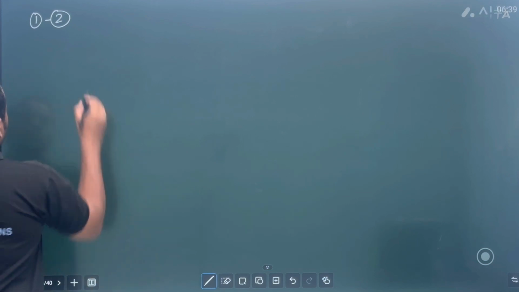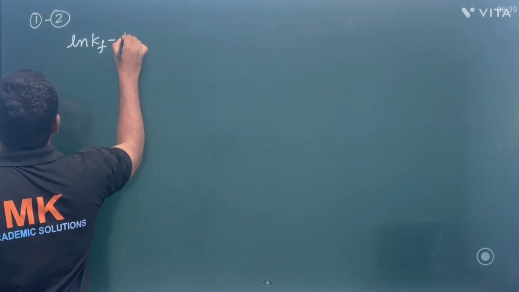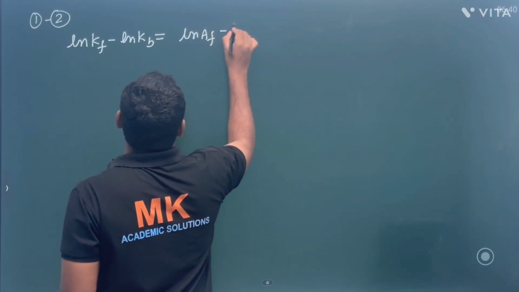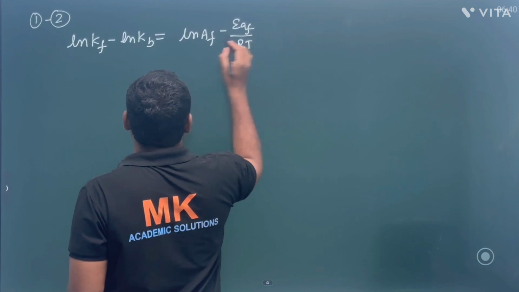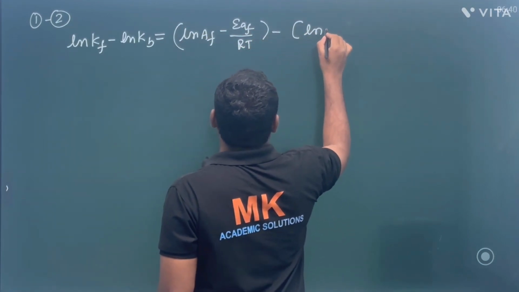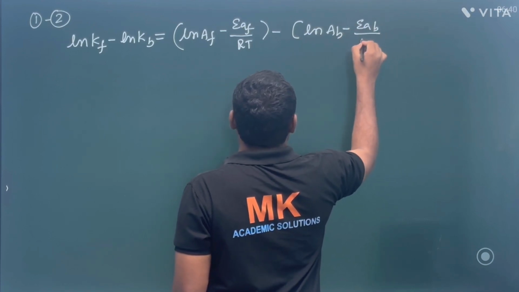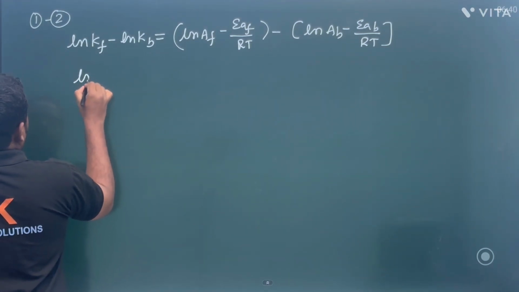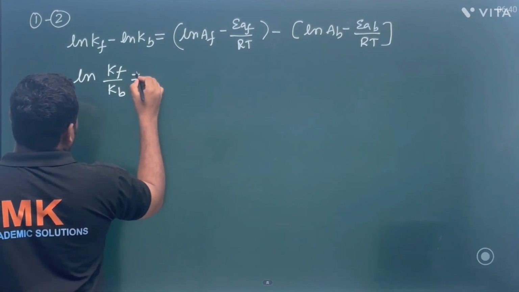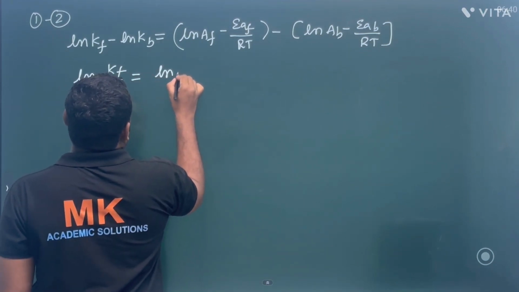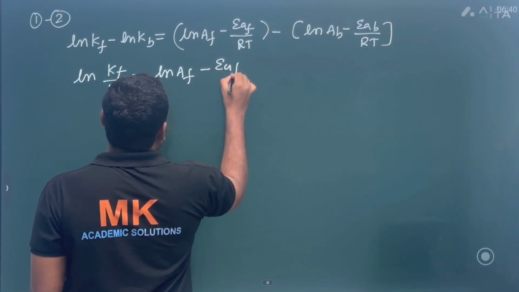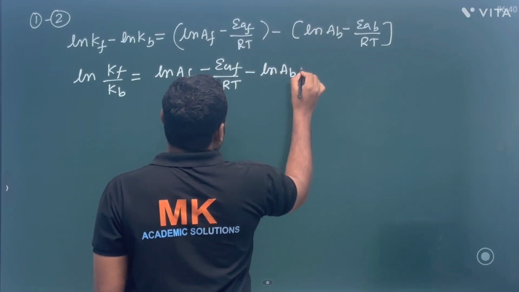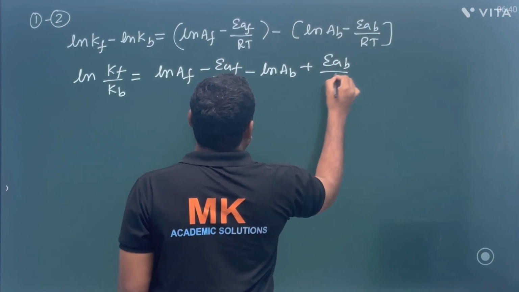When you do 1 minus 2, what will you get? ln Kf minus ln Kb is equal to ln AF minus EAF by RT minus ln AB minus EAB by RT. So here ln Kf by Kb is equal to ln AF, minus EAF by RT, minus ln AB, plus EAB by RT.